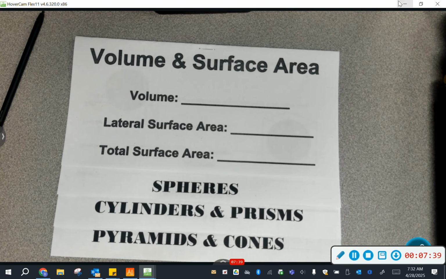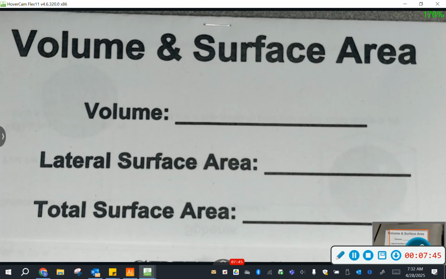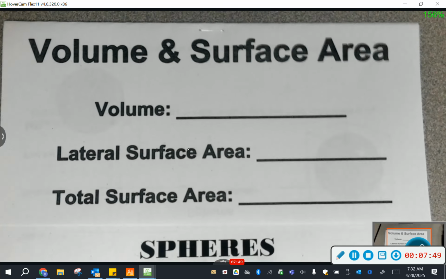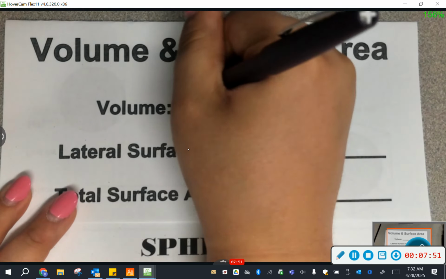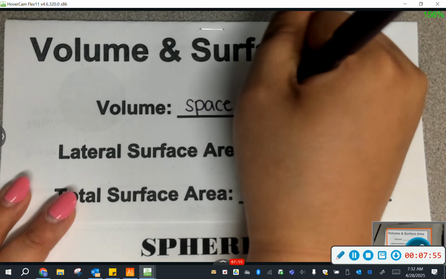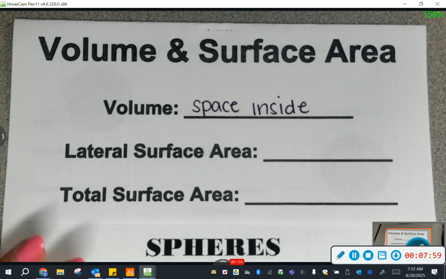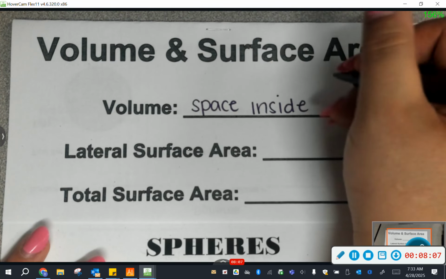We're going to get to that in just a second. What I would like you to do right here up top is write that the volume is the space inside. An example of that I can think of is soup cans.